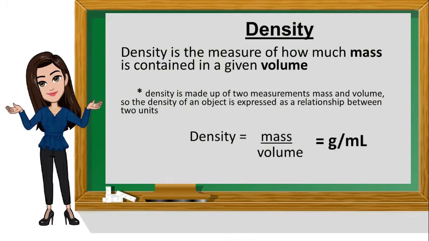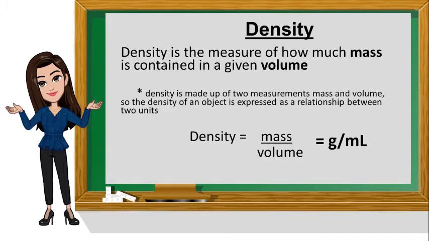Density is the measure of how much mass is contained in a given volume. Density is made up of two measurements, mass and volume. So the density of an object is expressed as a relationship between two units.